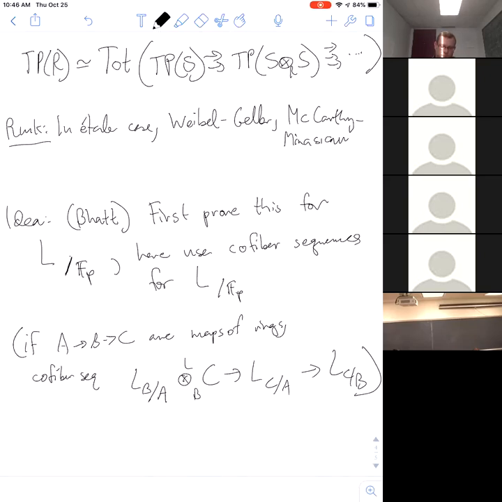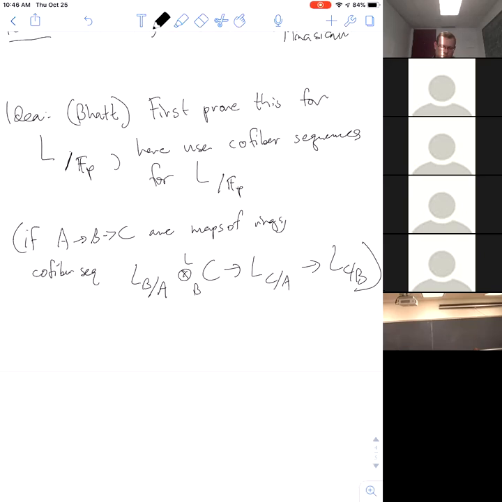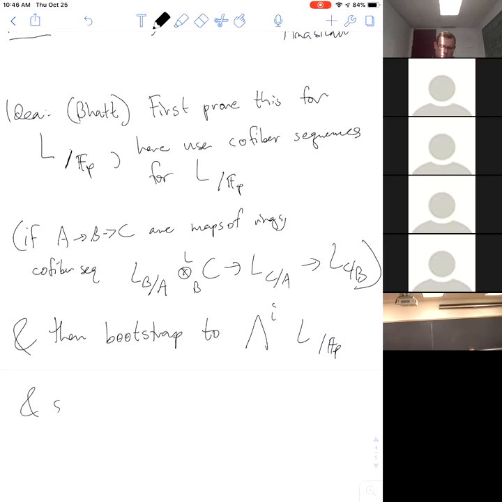There's some argument to do, but you have this extra tool that comes from the cofiber sequence, and then you bootstrap from the cotangent complex to its wedge powers, and show that this construction is also a sheaf.